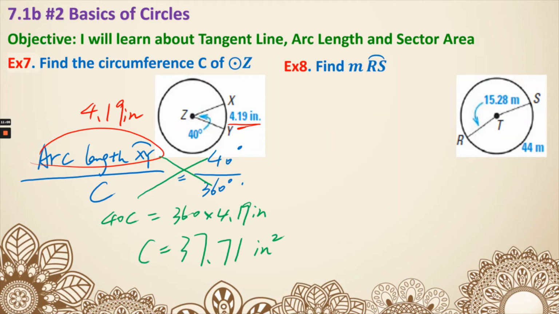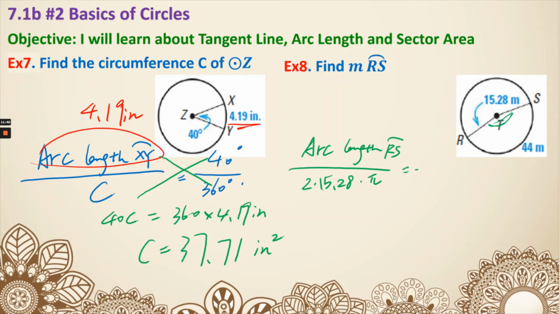Next, example 8. Find the measurement of RS. Again, when you see this little m, that means you're trying to find the angle of RS. And you can see this side is smaller. So we are going to set it up. Arc length, we're talking about RS, over the circumference, which is 2 times 15.28 times 5.